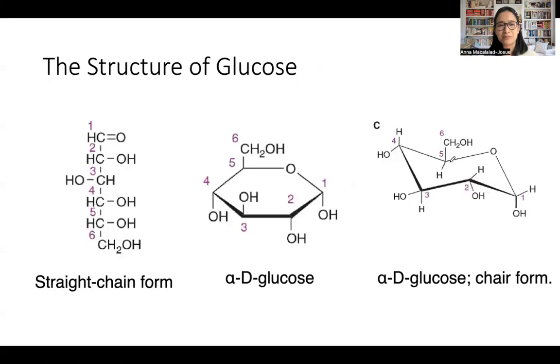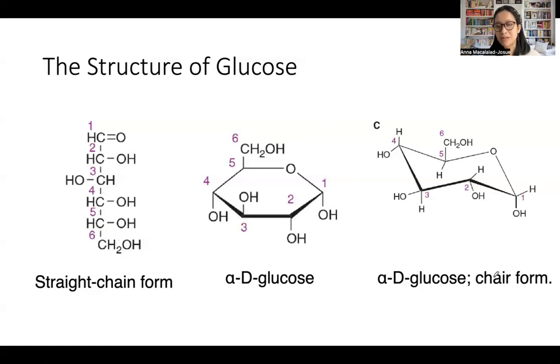So this is the basic structure of glucose. You have the straight chain form. You will see that the carbons are labeled by their position: 1, 2, 3, 4, 5, 6. And then you have the ring form. This is your alpha-D-glucose.